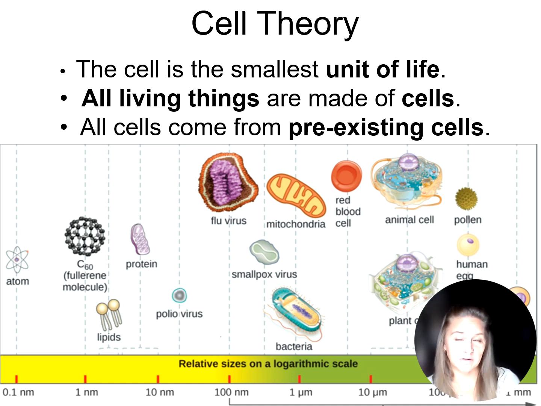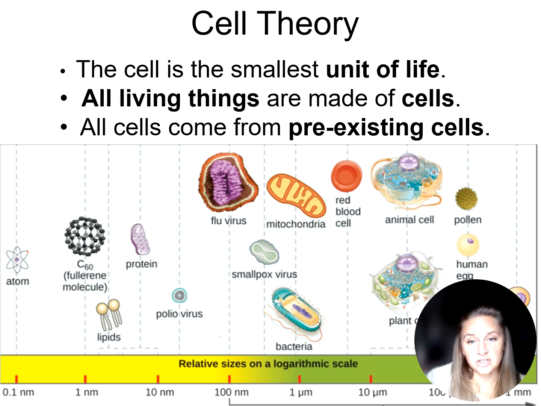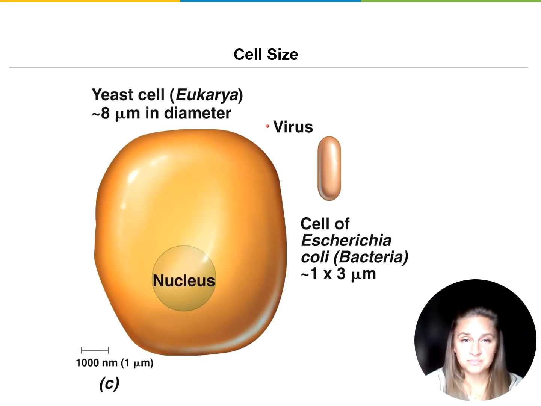So some people will put viruses in the living category, and some people will not because of this definition that to be a living thing, you have to be made up of cells, and viruses are not made up of cells. And all cells come from pre-existing cells. So we're going to talk about this a little bit in this lecture and then much more later.